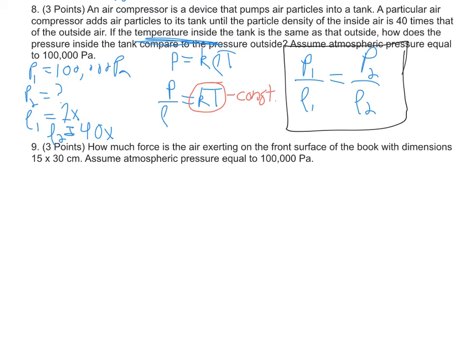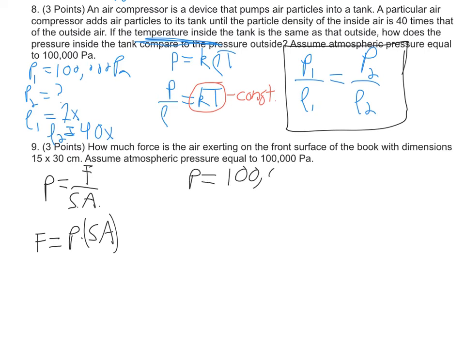So if you remember, we learned this in class yesterday, pressure is equal to force divided by surface area. So we're asked to find force in this case, so to find force, we multiply both sides by surface area. Force is equal to pressure multiplied by surface area. So what is the pressure and what is the surface area? Well, pressure, we're given that's 100,000 pascals.